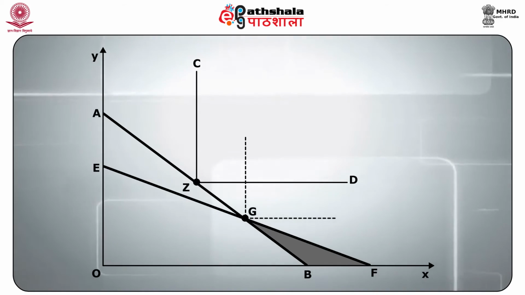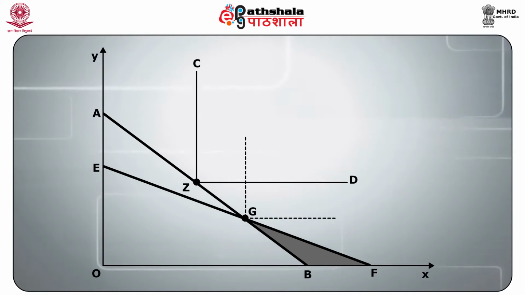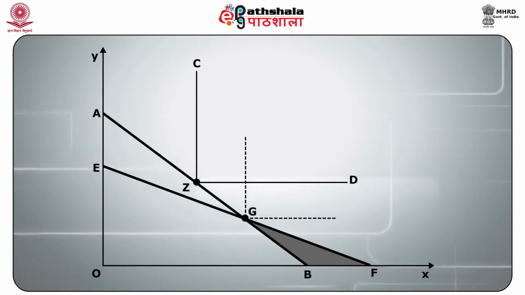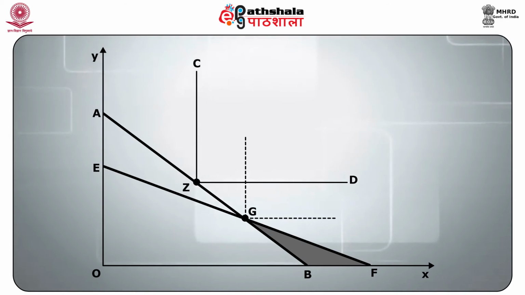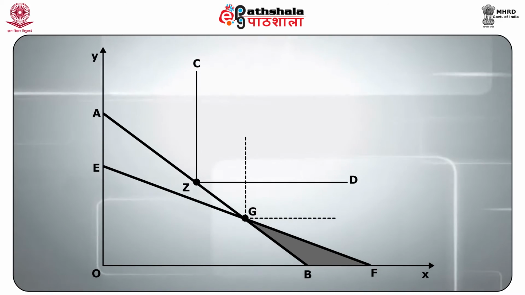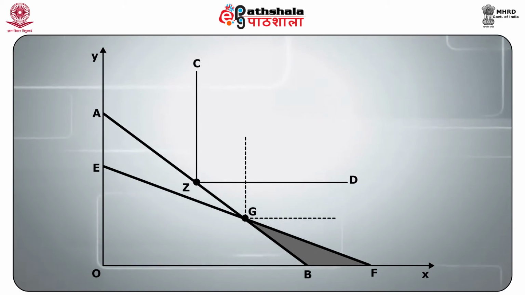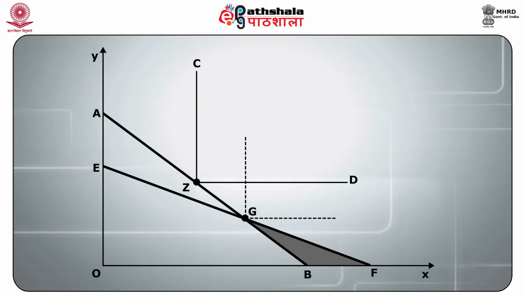Let us assume that the initial budget line of the consumer is AB in the figure and he chooses a point Z. All other points on the budget line and below it denote inferior points with respect to Z.